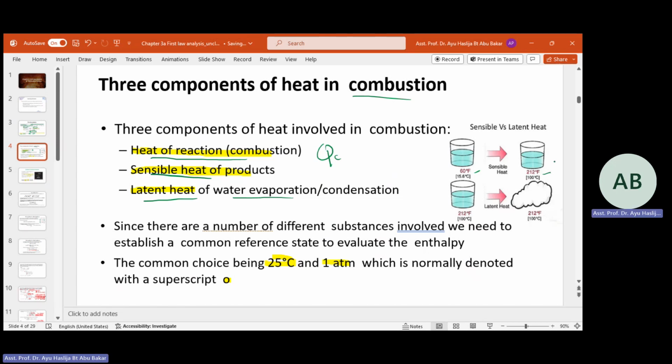That is sensible. So heat produced along the process we call sensible heat. Sensible, no changes in the phase. Whereby if latent heat, we heat up the component, then it changes the phase. So latent heat.